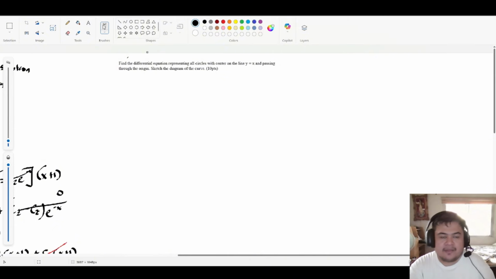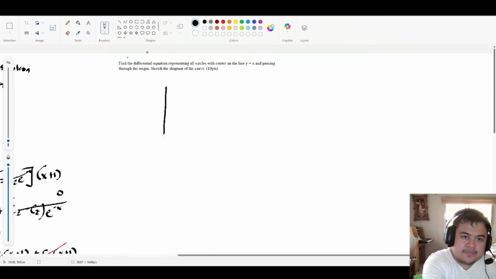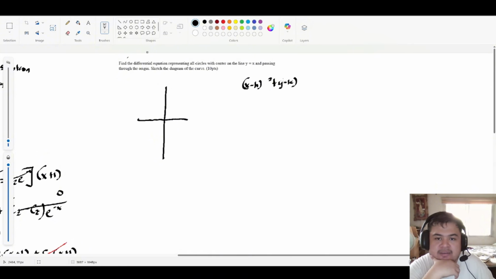When you read the problem, always try to know what curve we are talking about. Also know what is being asked. So what we want to find is the differential equation representing all circles. When you say circle, (x minus h) squared plus (y minus k) squared is equal to r squared.